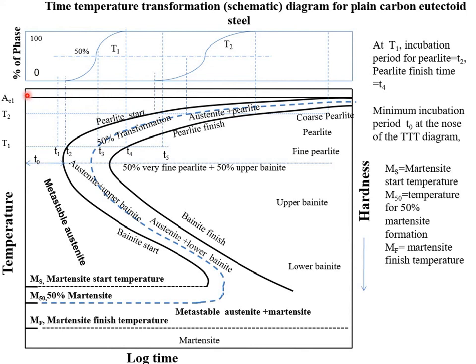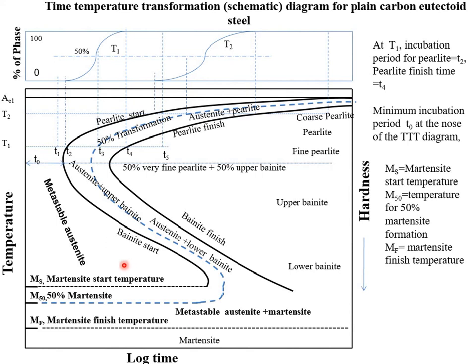If we wait for a certain amount of time, for example around 30 minutes, and then cool it down, we won't get the martensite directly. We'll have this upper bainite region, or this fine pearlite region, because the transformation will be with diffusion of the carbon atoms. We won't be getting the martensitic phase.